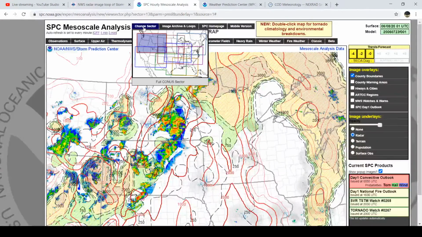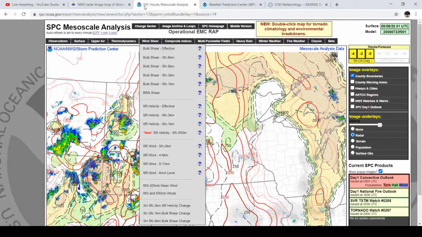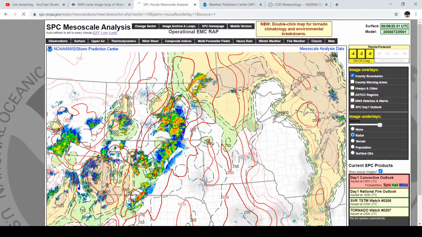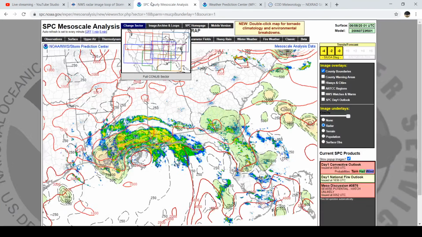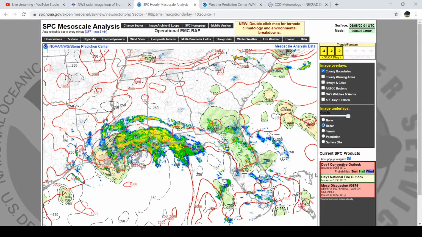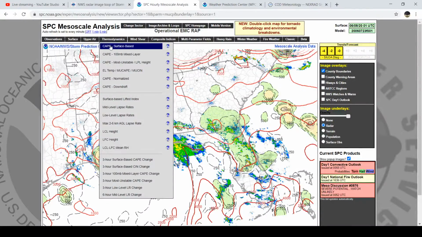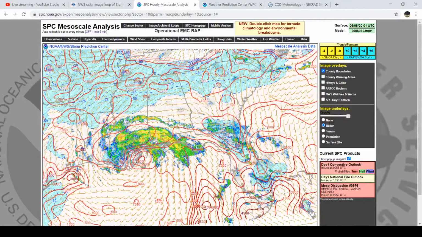Now let's look down here where our tropical storm is currently at. As we can see, normally I like using surface-based CAPE. So our surface-based CAPE is strongest through this region right here.